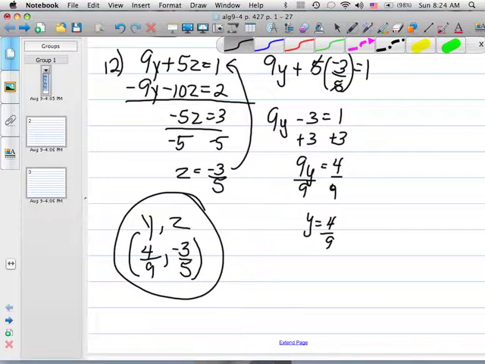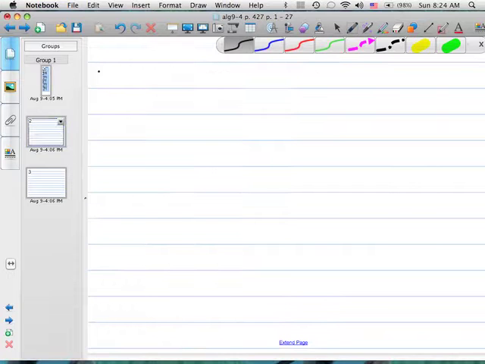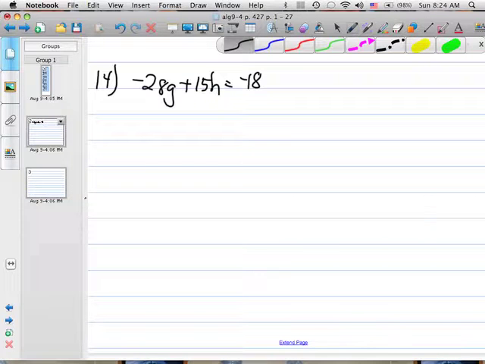On the next page, 428, the directions say to solve by addition or subtraction method again. So problem number 14, we have negative 28g plus 15h equals negative 18, and negative 28g minus 40h equals negative 29.